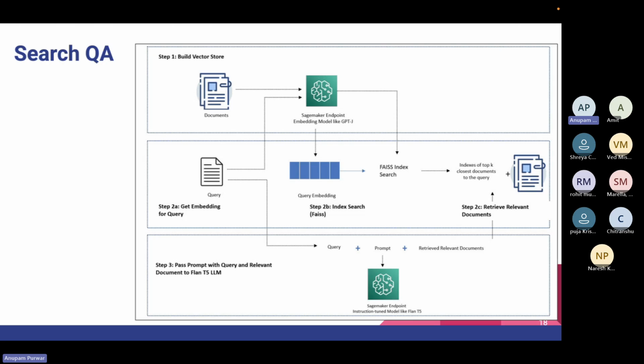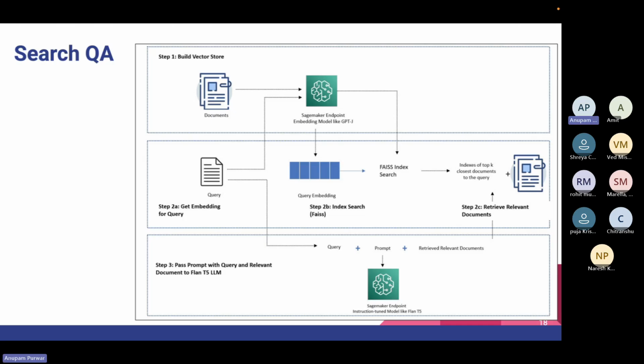vector database. Once we ask a question, or a query, the query is also converted into a vector, and then it tries to match which vectors out of all the vectors in the vector database match the query vector most.